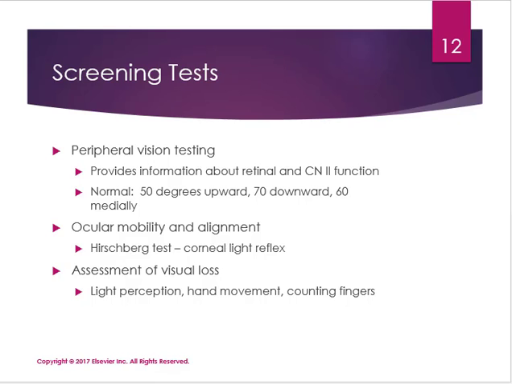You can also move your hand back and forth with periodic stopping about 12 inches from the child's eye, and if they are able to see you move your hand back and forth, you need to document that as the distance that it is, such as HM at 1 foot. There's more of this clarification in the book. Also, you can assess counting of fingers this way.